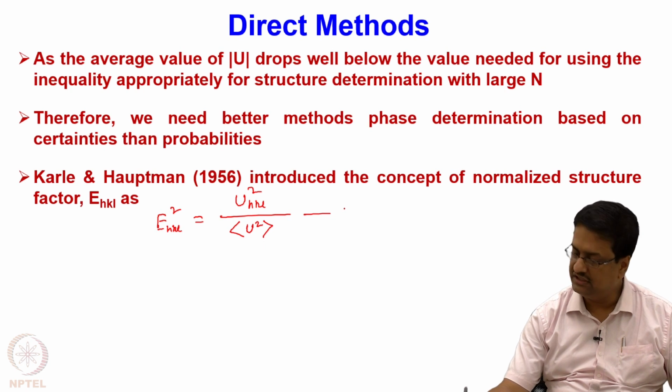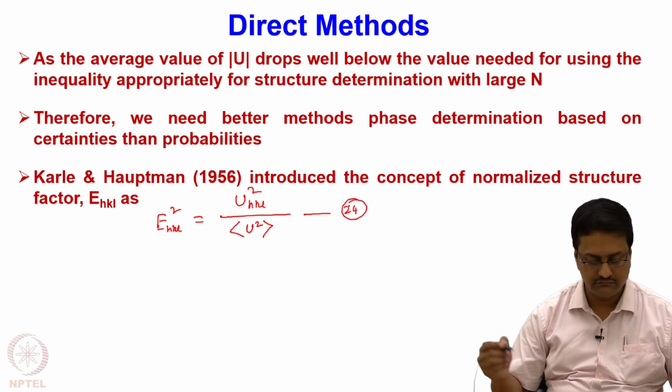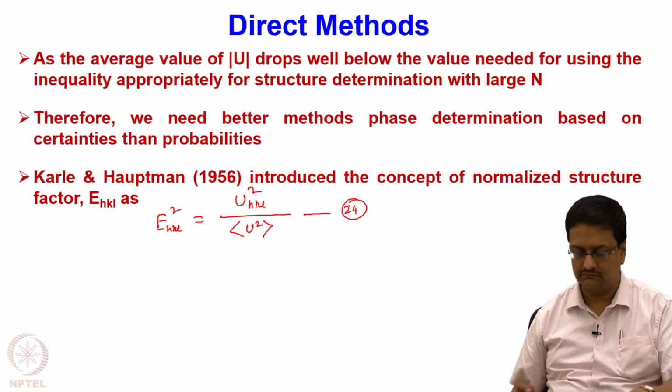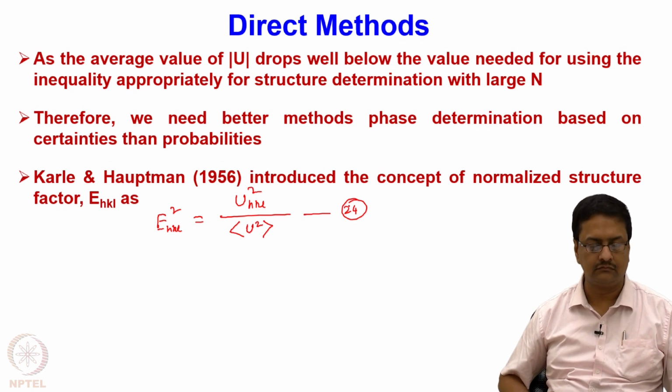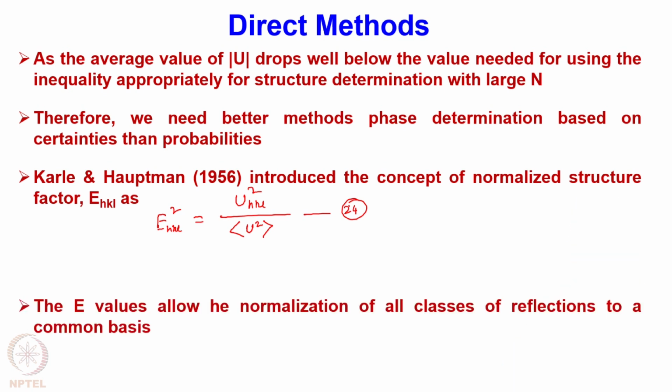This equation is number 24. So, the E values now allow the normalization of all classes of reflections to a common basis.